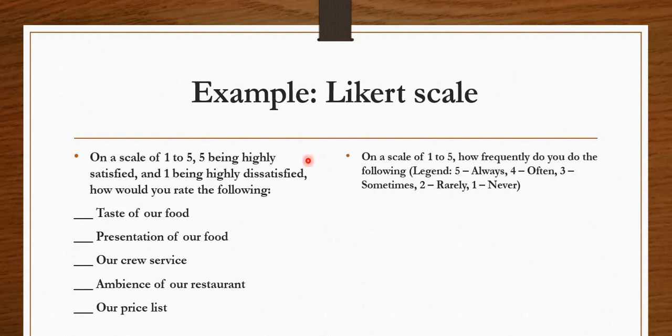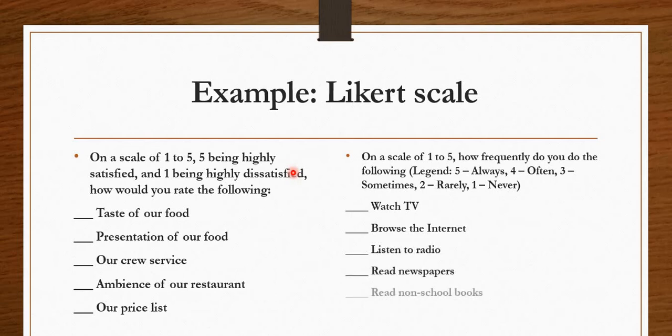We would also usually have these legends on a scale of 1 to 5 for our Likert scale. And this would be the question, how frequently do you do the following? Watch TV, browse the internet, listen to the radio, read newspapers, read non-school books, and read magazines. So we just have to put our answers 1 to 5, and that would be based on this legend, and that would be our Likert scale.